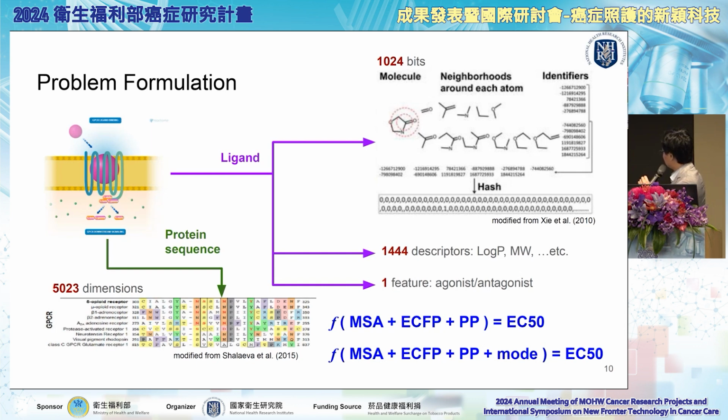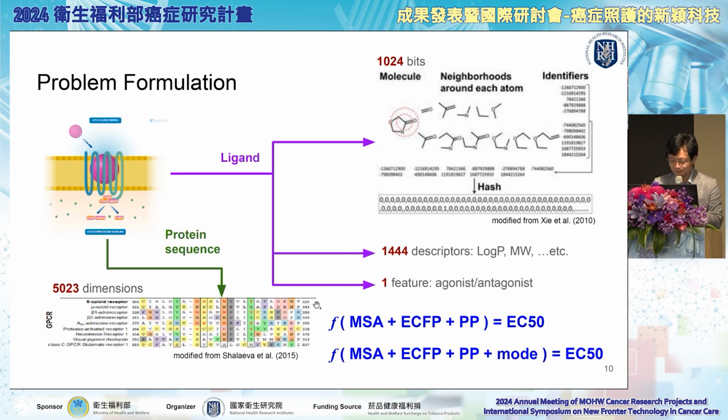We extract the fragment information and then encode it into a 1024 bits feature vector. And also we calculate 1,444 descriptors, including the lipophilicity and also the molecular weight.